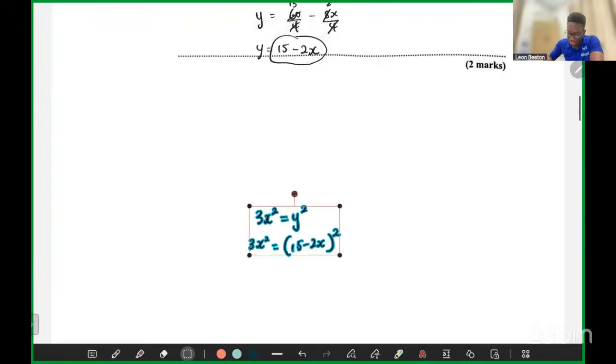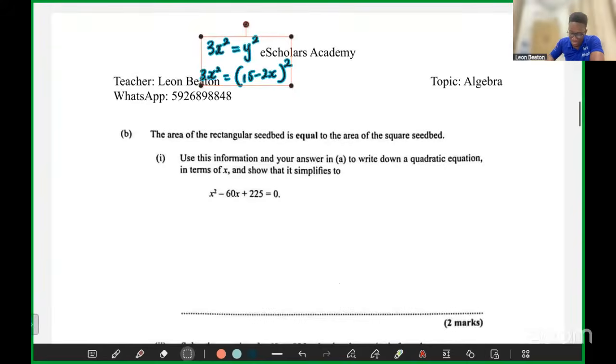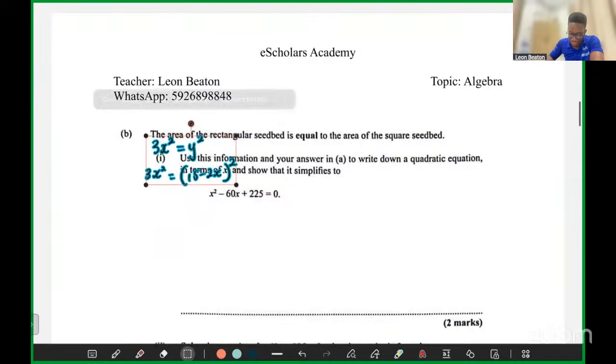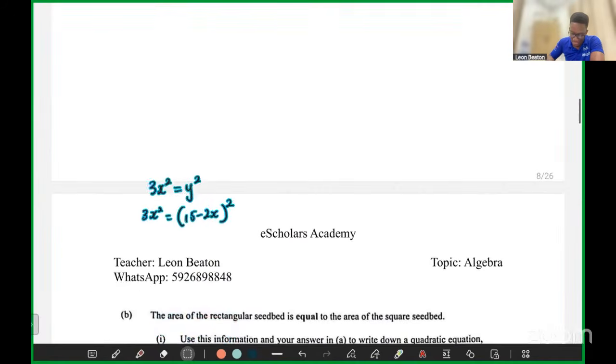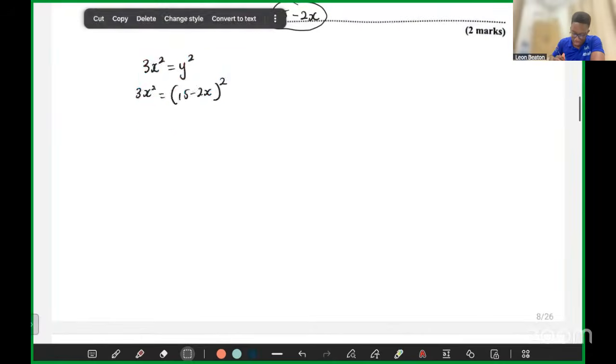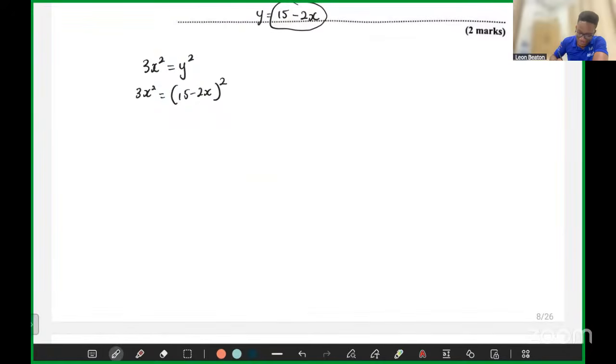So we've got all the hard work there done. Now we have to finish it off. All right, let me finish it off at the top here. So let's do some simplifying. You'll have 3x squared is equal to, remember earlier when I said when we square brackets, it's basically the bracket times the bracket. This will be 15 minus 2x multiplied by 15 minus 2x, and we work this out.